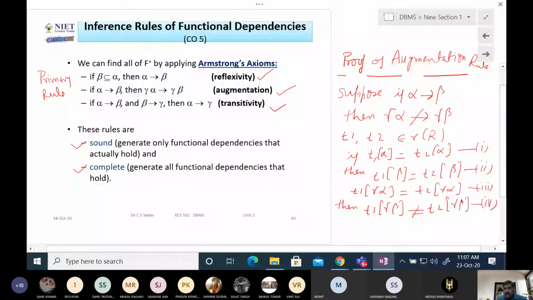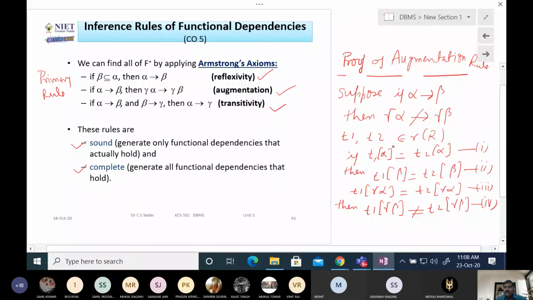This is the proof through contradiction. Suppose you have to prove the middle finger is larger than the index finger. First you assume this is not true, meaning the middle finger is smaller than the index finger.